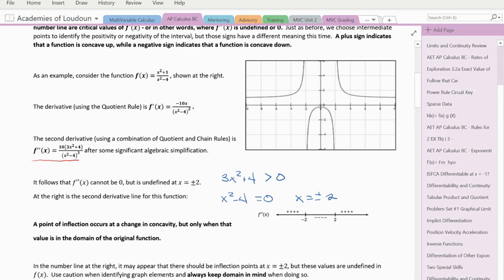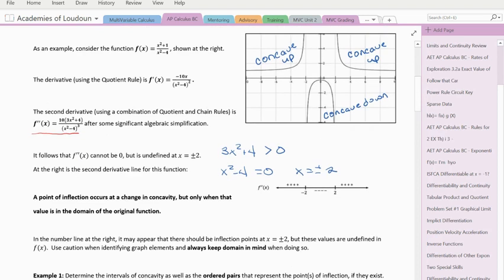And as we can see in the graph, because our second derivative is positive here, we are concave up here and here, and we're concave down here.